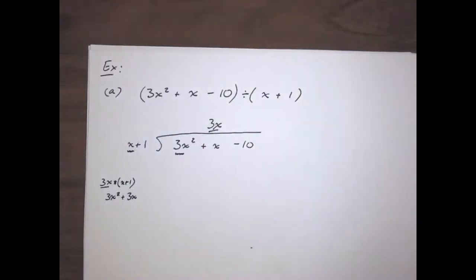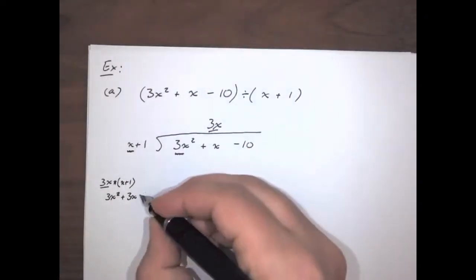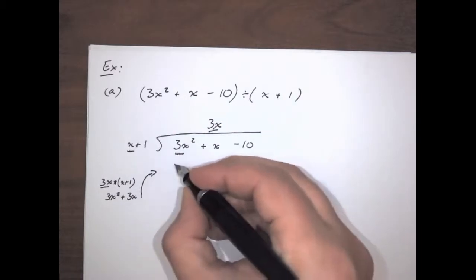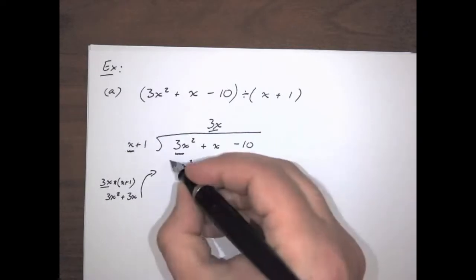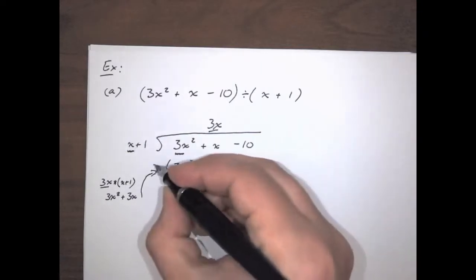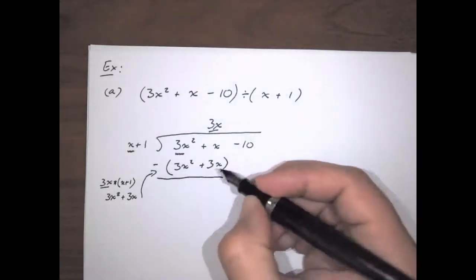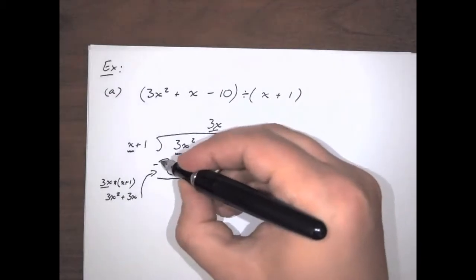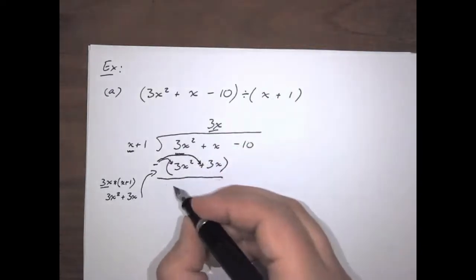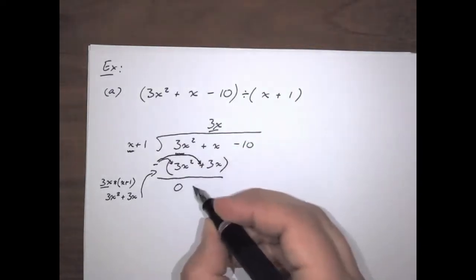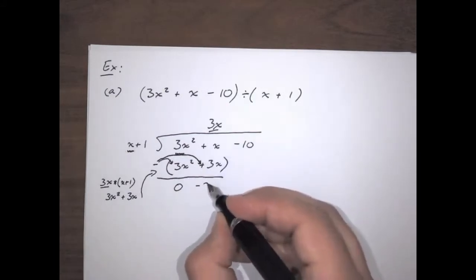So that is what we subtract from the dividend, 3x squared plus 3x, and then we subtract that. Now, when you subtract a polynomial, you just have to remember that the negative gets distributed into both terms. So that's going to make a 0 here, and here it's going to be an x minus a 3x, so that's going to be minus 2x.